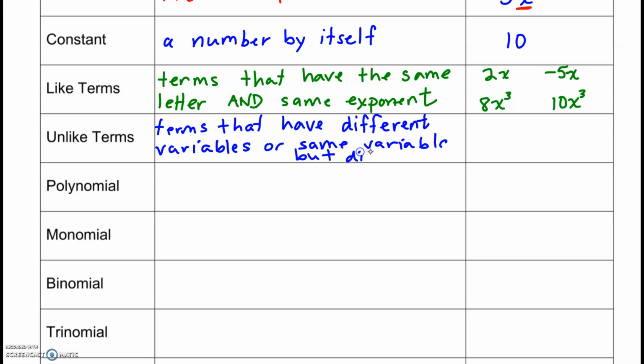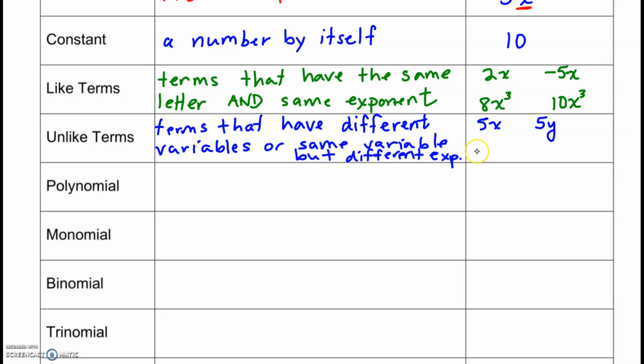Now I'm not going to be able to fit the whole word in for exponents, so I'm just going to do a short form of EXP. Okay, so let's look at some examples for that. So an example, terms that have different variables could be like 5x and let's say 5y. Now the coefficients, which remember is the number in front, doesn't matter. We look at the letters. X and y are different, so then we know that those are unlike terms.